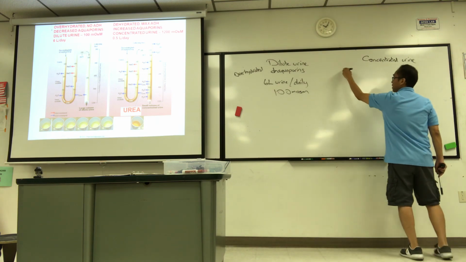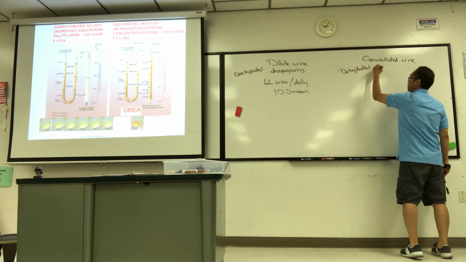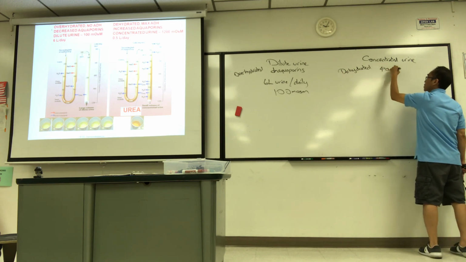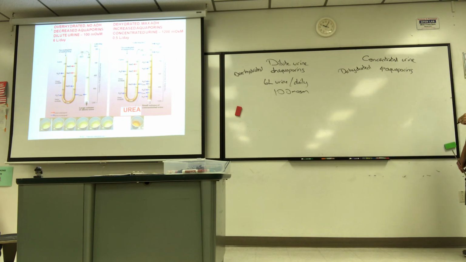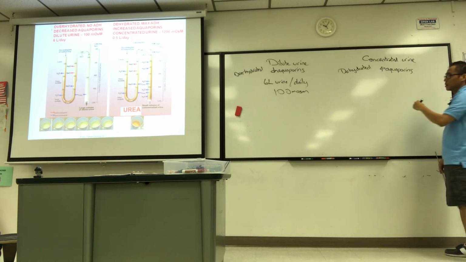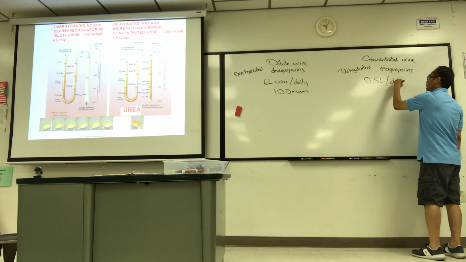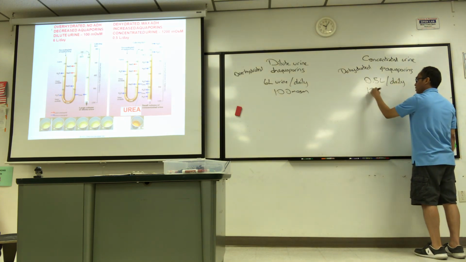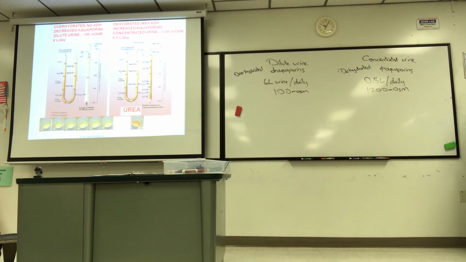If you're dehydrated, and you want to conserve water for the body, you increase the aquaporins. And you reabsorb most of the water. The end result is you decrease urine output, maybe a half liter a day, and that urine is concentrated, about 1,200.